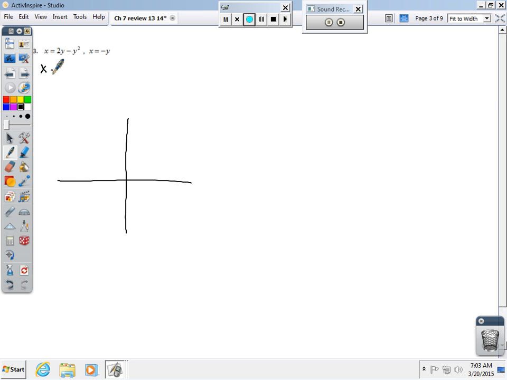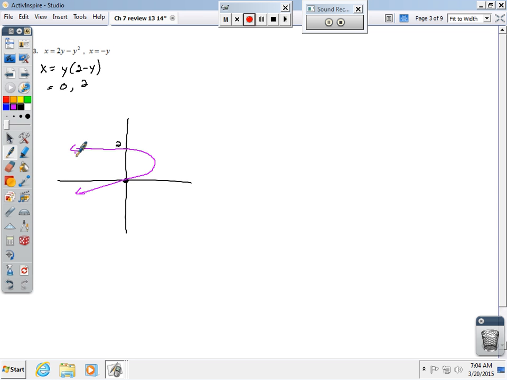So the way we're going to do this is exactly the way we do it if it was y equals, and these were x's. So I'm going to factor out a y, and I get 2 minus y. So 0 and 2 are my y-intercepts. So at 0 and 2, which is right there, and it's going to look something like this.